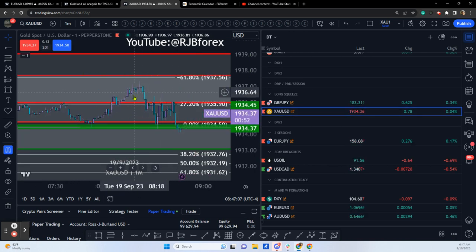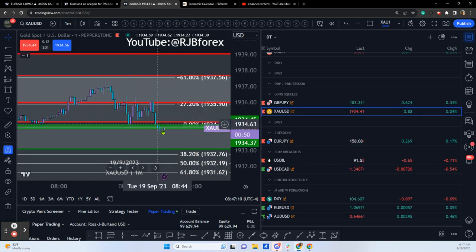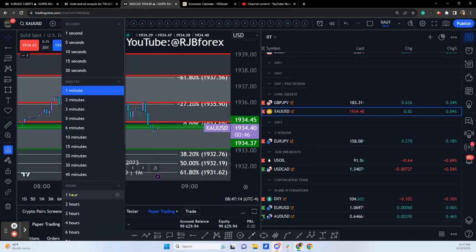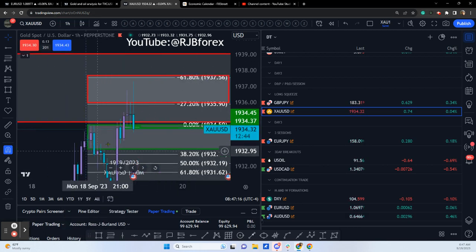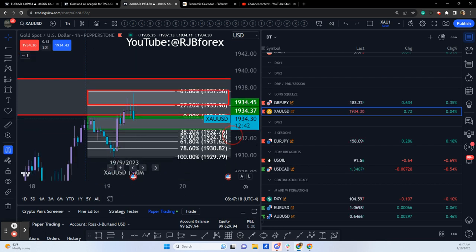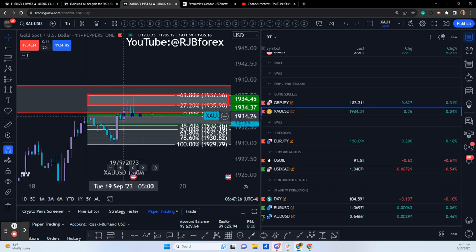But it's started to break structure over here. Interesting. Dropping pretty significantly. So break of structure, move up for a continuation to the downside, perhaps out of resistance on gold.